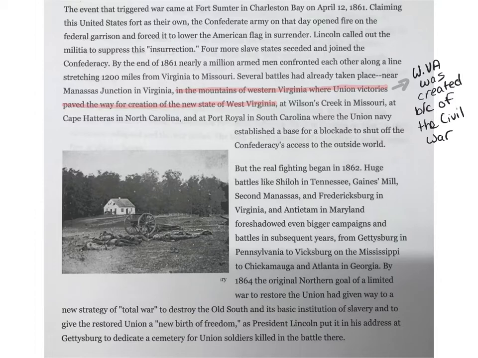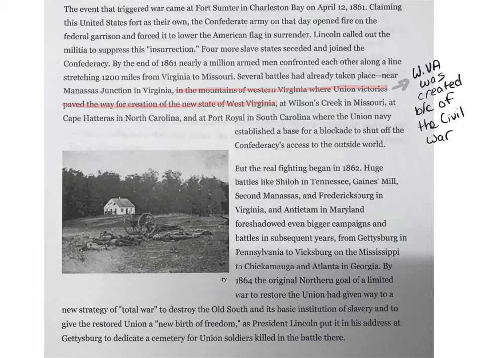By 1864, the original Northern goal of a limited war to restore the Union had given way to a new strategy of total war to destroy the Old South and its basic institution of slavery, and to give the restored Union a new birth of freedom, as President Lincoln put it in his address at Gettysburg, to dedicate a cemetery for Union soldiers killed in the battle there.